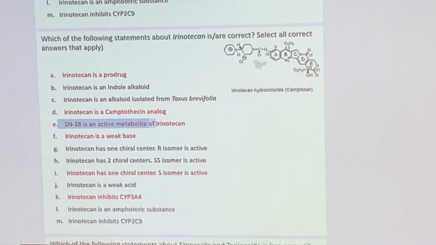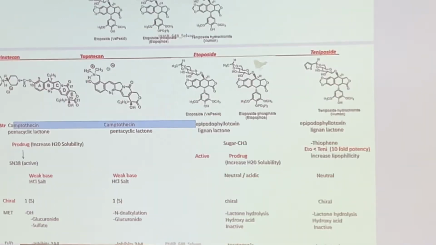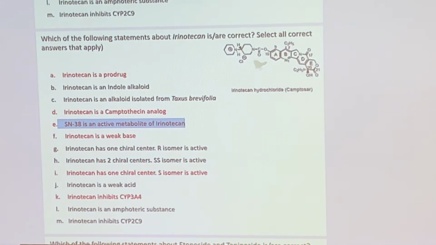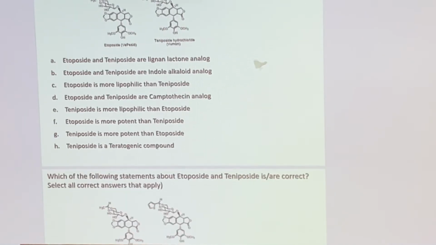SN38 is the active metabolite of irinotecan, that we have detailed. Chemically it is a weak base, so we have a nitrogen, that's a weak base. The compound has one chiral center, the S isomer is active, and the compound inhibits cytochrome 3A4, so that's also the right answer.